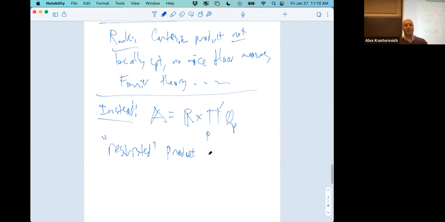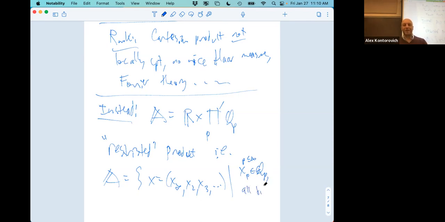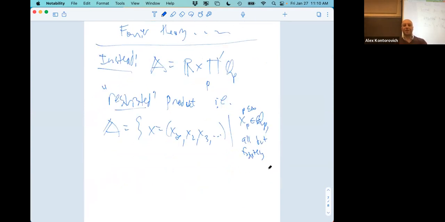So what does that mean? This A is the set of all x that look like x_infinity in R, x_2 in Q_2, x_3 in Q_3, and so on, such that each x_p is in Q_p, but all but finitely many x_p are actually in Z_p, that is, have norm at most one.